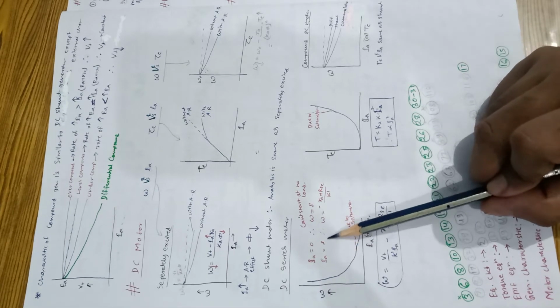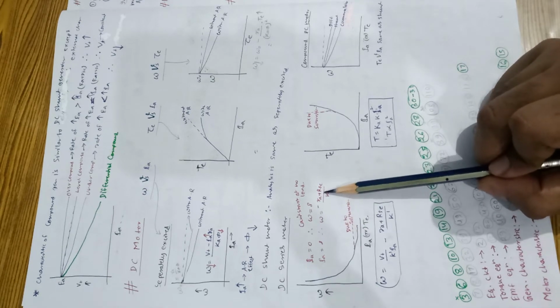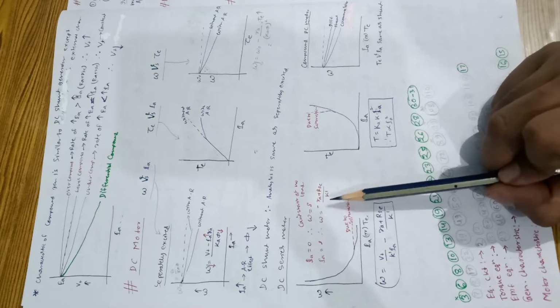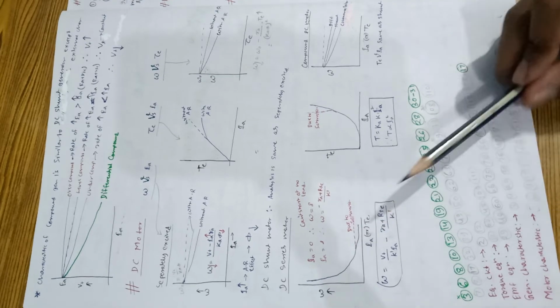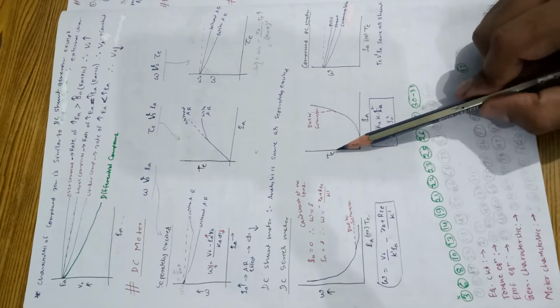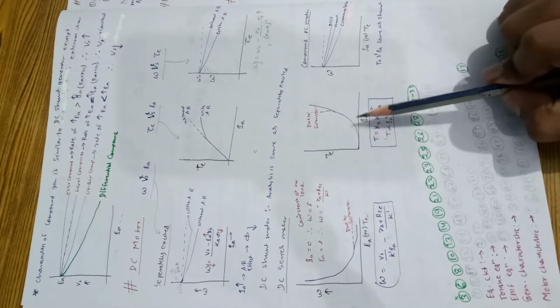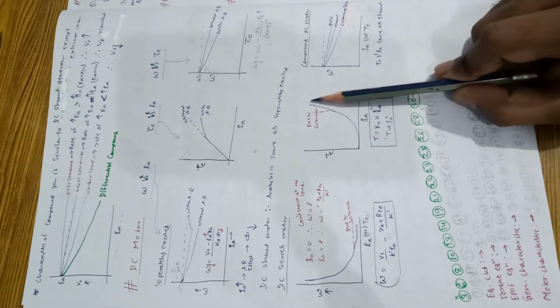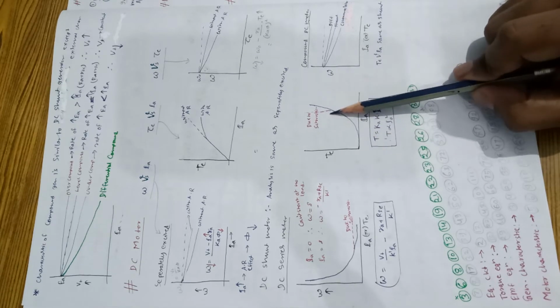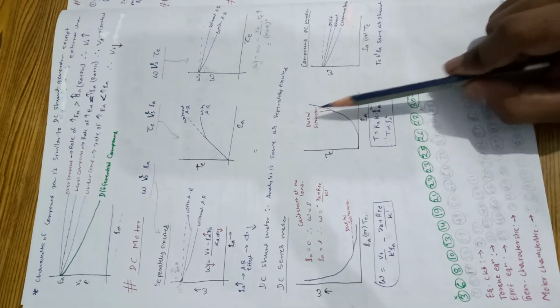At infinite armature current, we have the formula: minus IA upon IA plus RAC upon K dash. For the DC series motor, torque versus IA is like this. Due to saturation, it will come here.